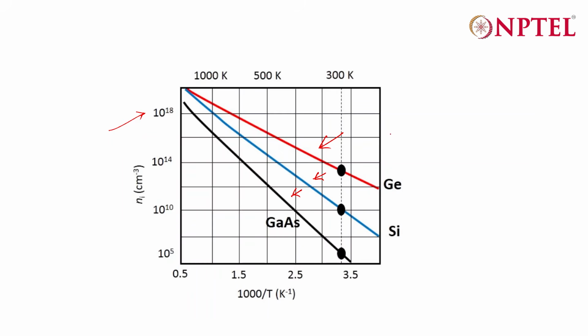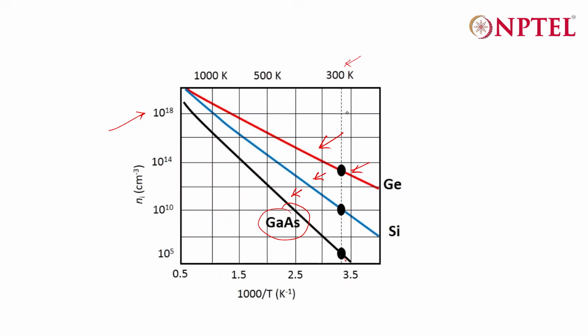So germanium has the highest carrier concentration at room temperature. So if 300 Kelvin is room temperature, then germanium has the highest carrier concentration at room temperature. Gallium arsenide, this is a compound semiconductor, has the lowest carrier concentration at room temperature.